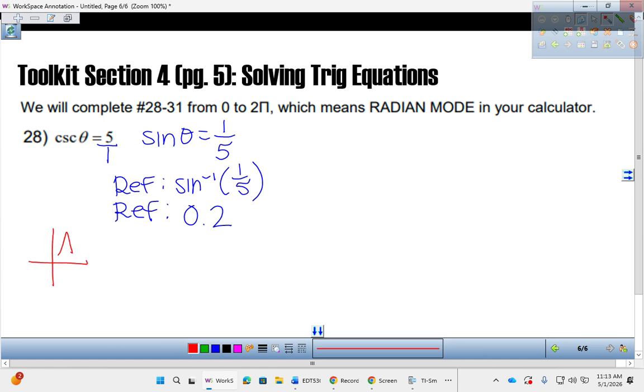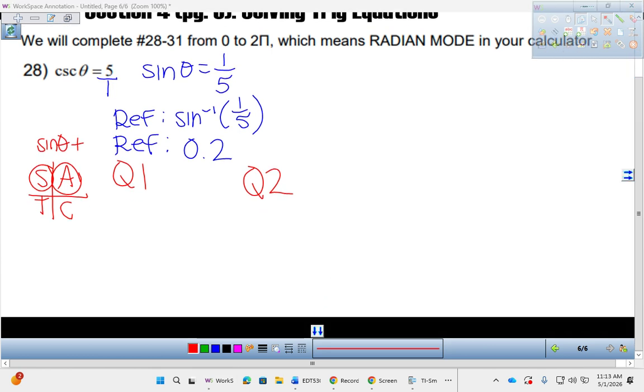I am dealing with sine of 1/5, which means sine is positive. Sine is positive in 1 and 2. So my answers are going to be somewhere in 1 and 2. So from here, you can draw a picture in 1 and 2, or you can use the rules.